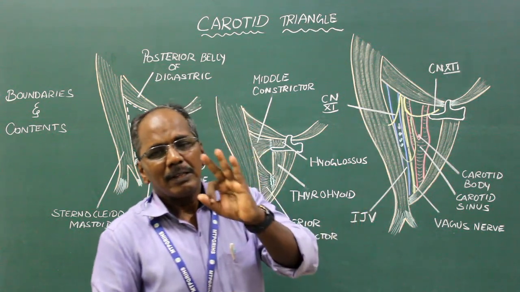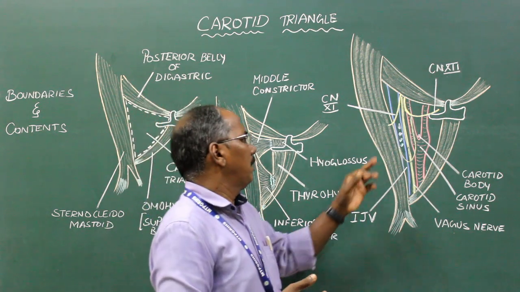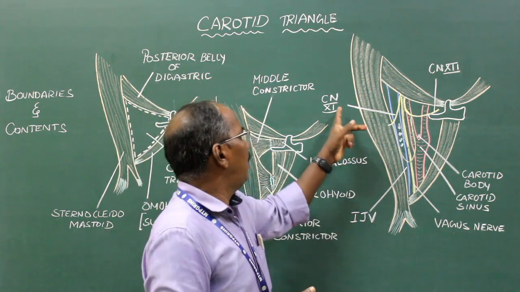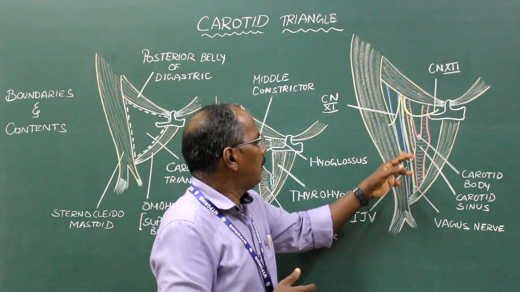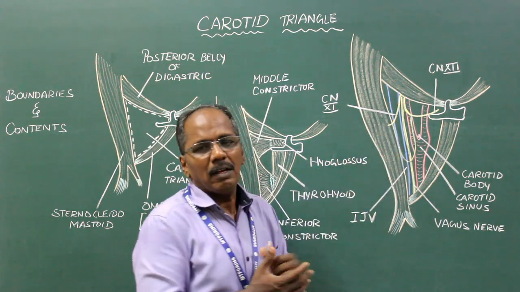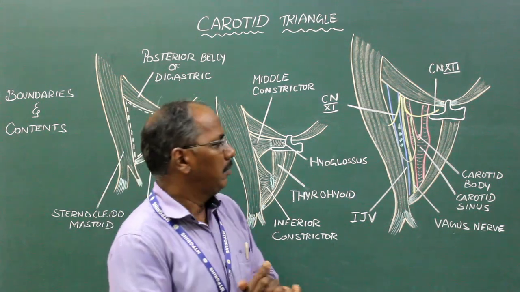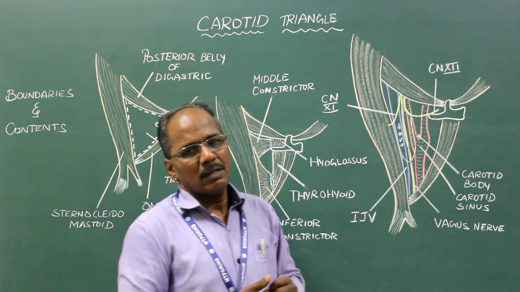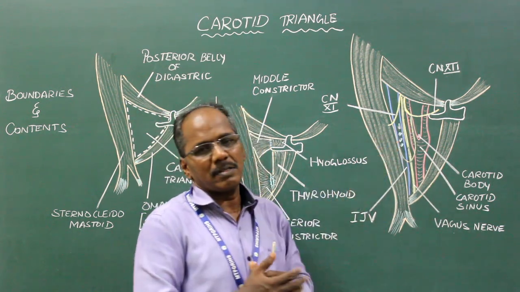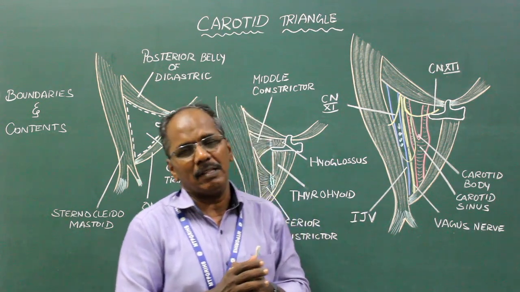Number 4, the last 3 cranial nerves, 10th, 11th and 12th cranial nerves. Internal jugular vein and its tributaries. Ansa cervicalis, deep cervical lymph nodes, sympathetic chain, and finally the carotid sheath.